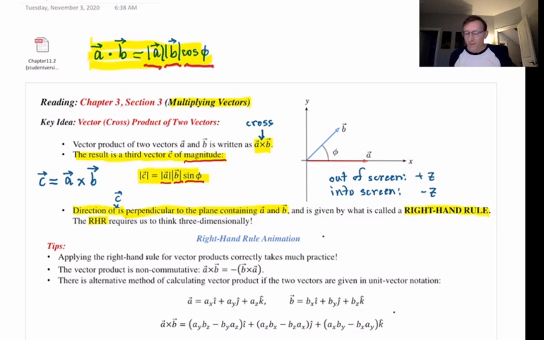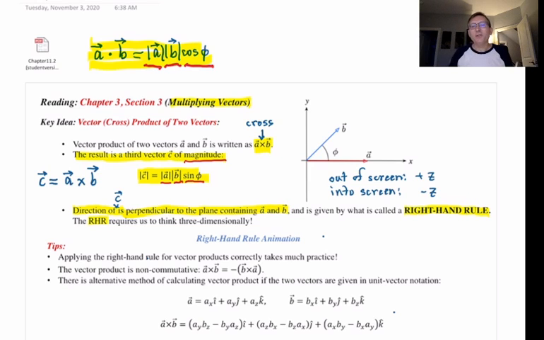We're going to have to think three-dimensionally to use the right-hand rule. But remember, think in the context of my drawing there with A and B in the xy plane. All I've got to figure out from the right-hand rule is whether A cross B is out of the screen towards me or into the screen away from me. That's all I need to figure out. And the right-hand rule is how I'm going to do it.